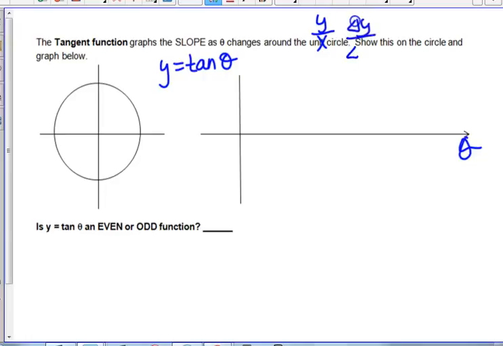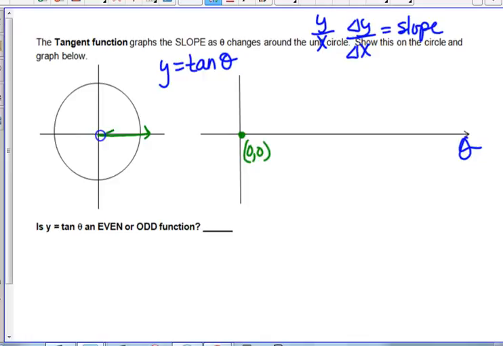Yes. Change in y over change in x is slope, right? So the tangent is really measuring the slope. Okay. When I start with this point here, what is the slope of a horizontal line? Okay. Slope at 0 is 0.